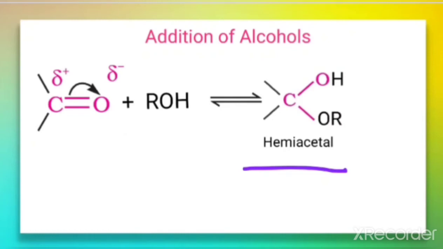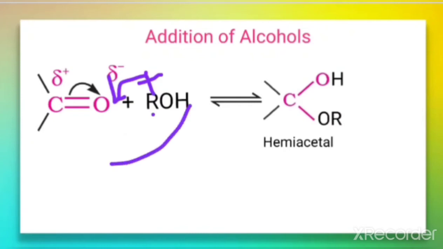So how is hemiacetal formed? When the alcohol gets attached to the carbonyl group of aldehyde and ketone. You can see here the R, which is positively charged, gets attached to this oxygen, and OH gets attached on this carbon. So this results in the formation of hemiacetal.